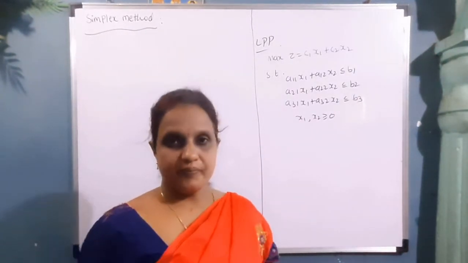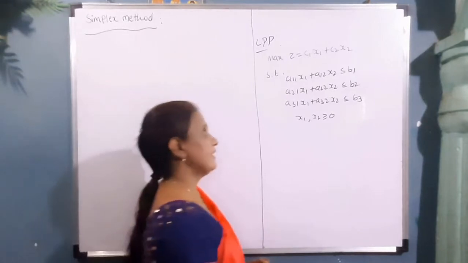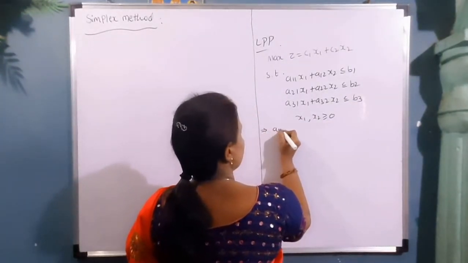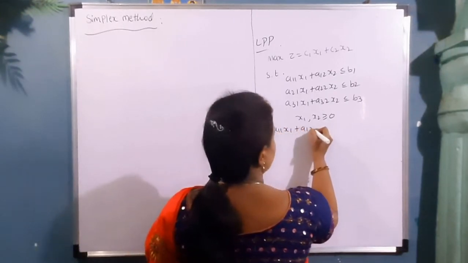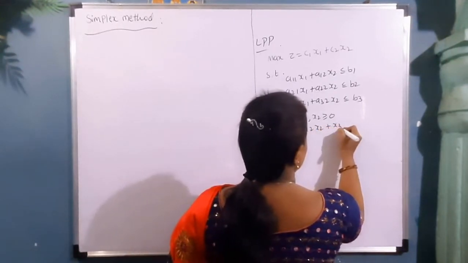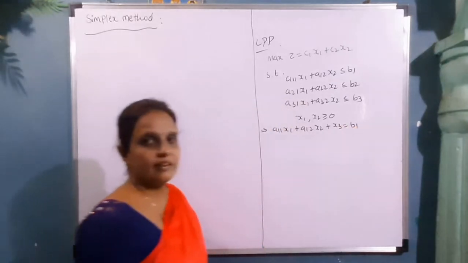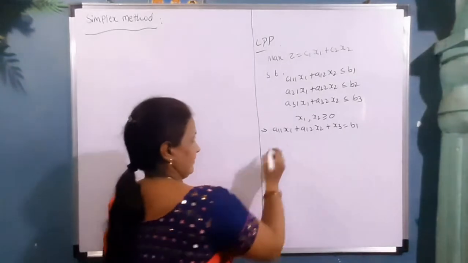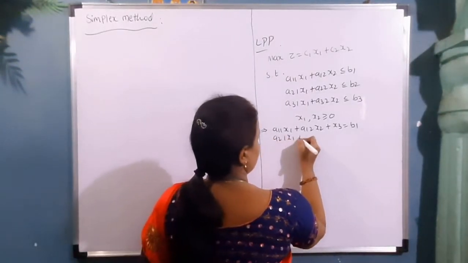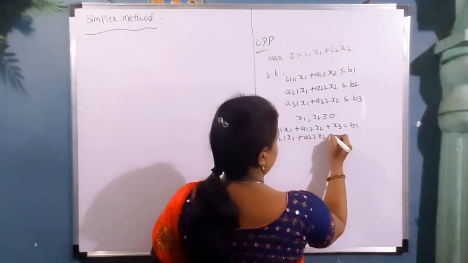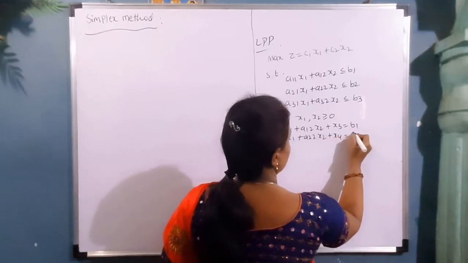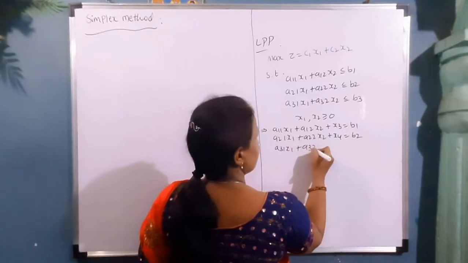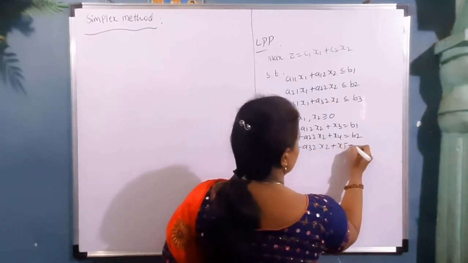Then next, we add slack variables. So the equations become a11 x1 plus a12 x2 plus x3 equal to b1, a21 x1 plus a22 x2 plus x4 equal to b2, a31 x1 plus a32 x2 plus x5 equal to b3.